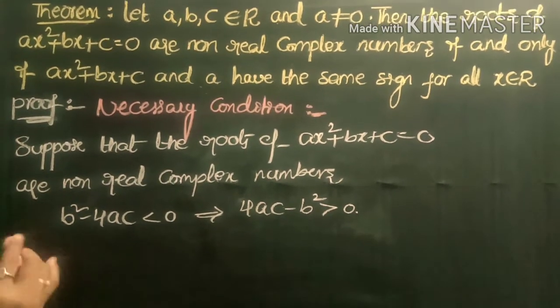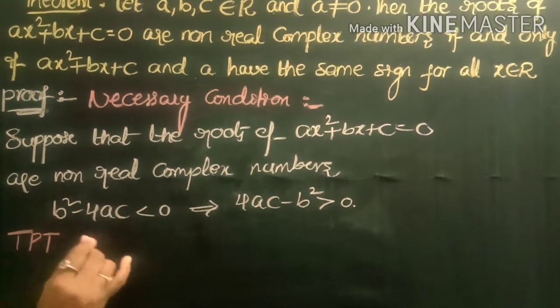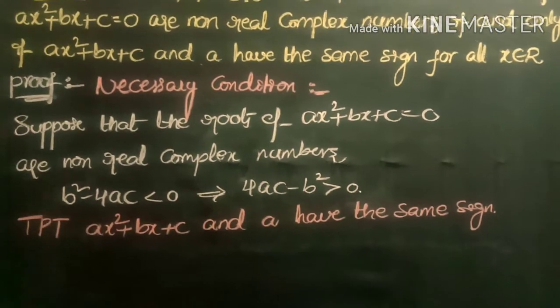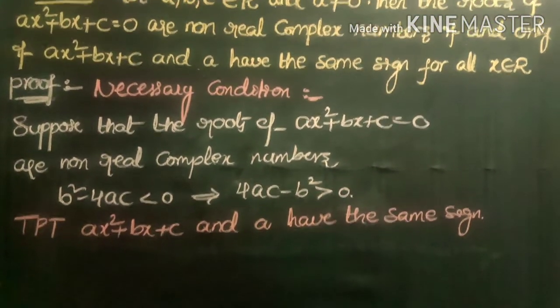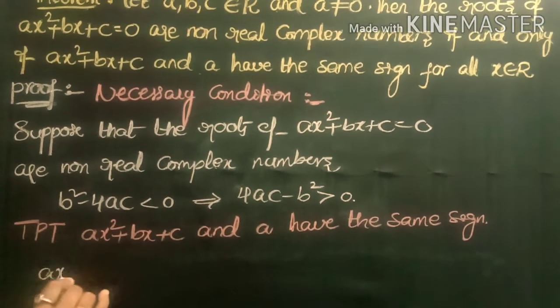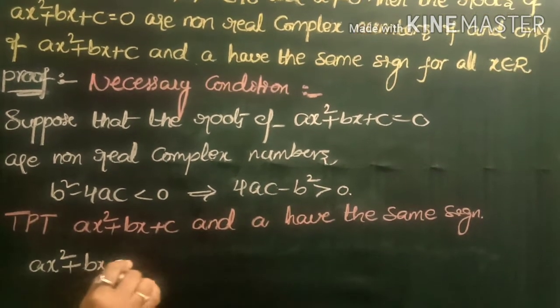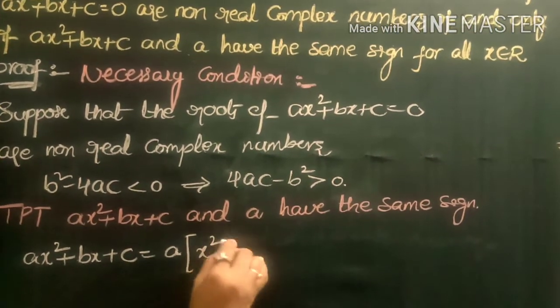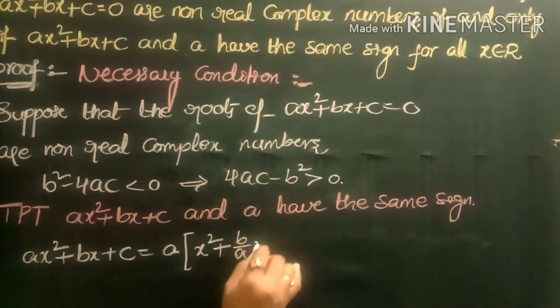To prove that, ax square plus bx plus c and a have the same sign. First we take the expression ax square plus bx plus c. This equals, taking a common, a into x square plus b by a into x plus c by a.